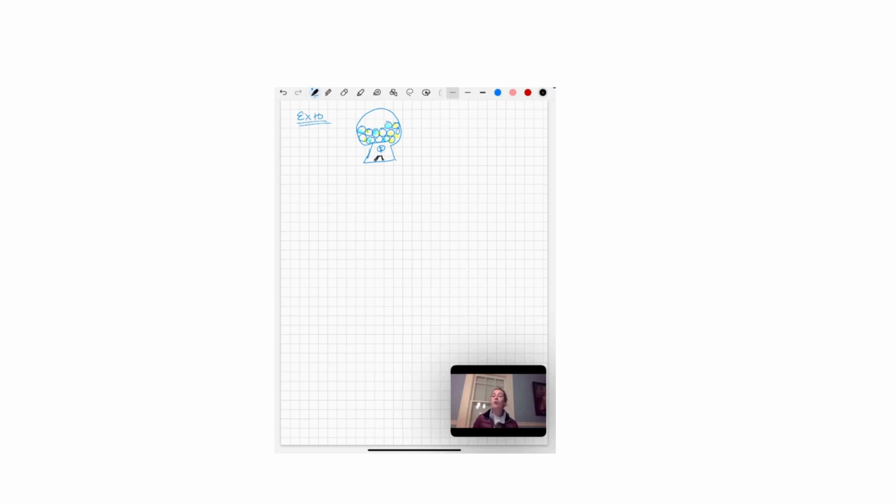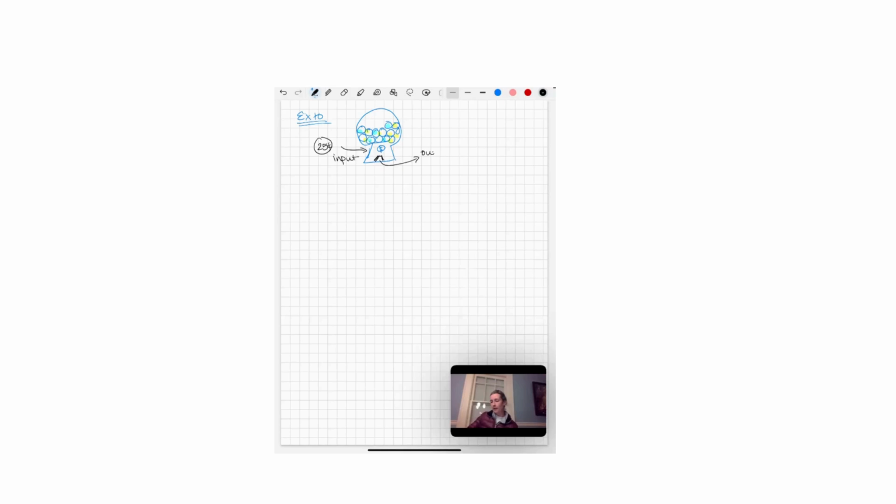So if you have a quarter, you get a gumball. I'm drawing my 25-cent piece, and I'm imagining that 25-cent piece as being my input. So in she goes to the machine. Any guesses on the output?